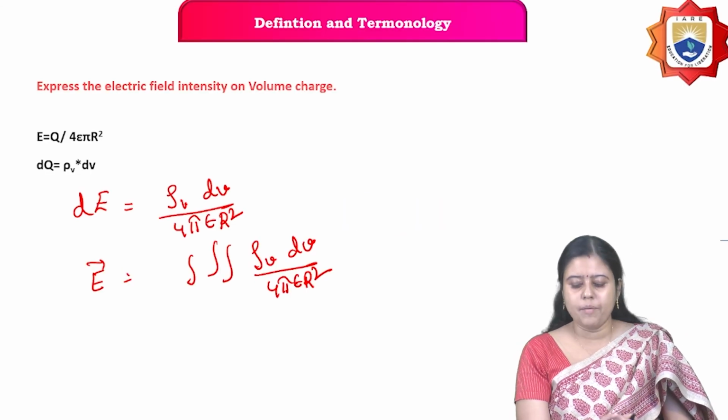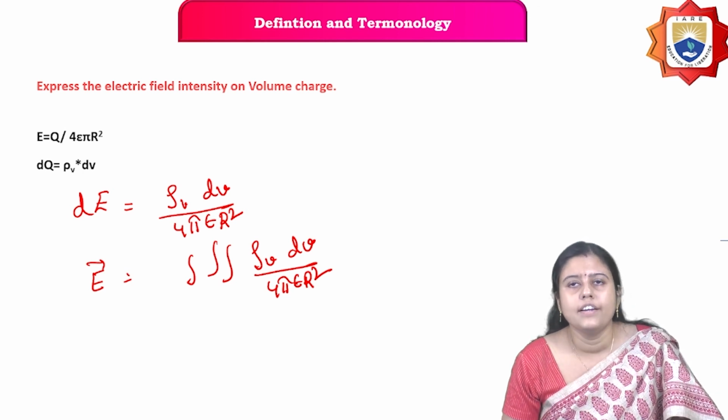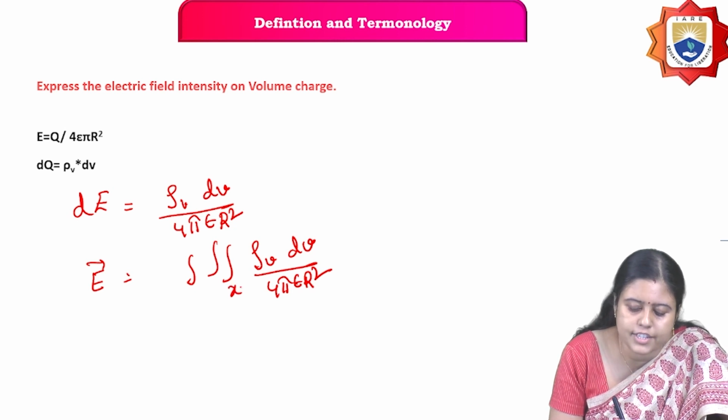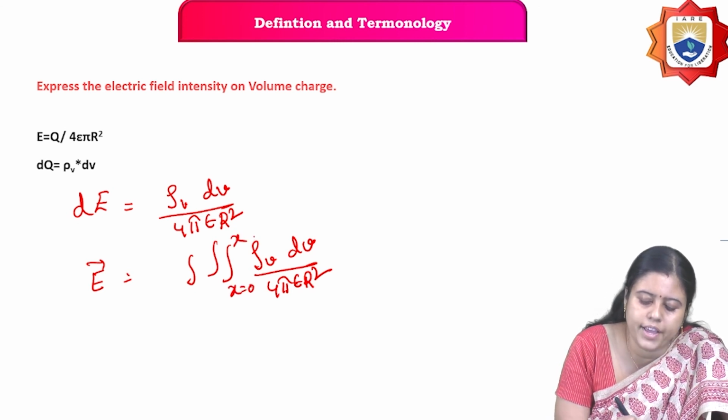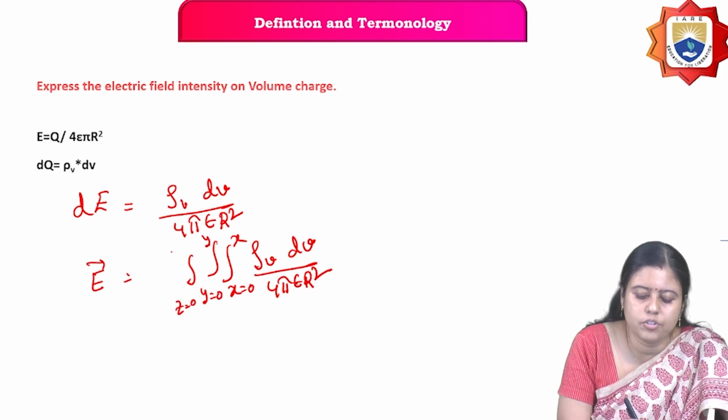And today we have discussed the first topic, some important definitions and terminology. Here the triple integration means x from 0 to x, y from 0 to y, z from 0 to z.